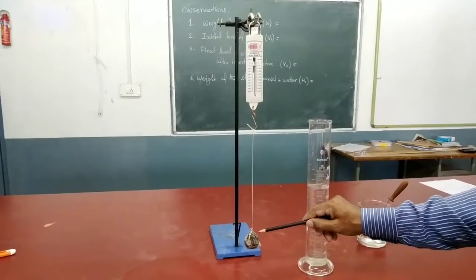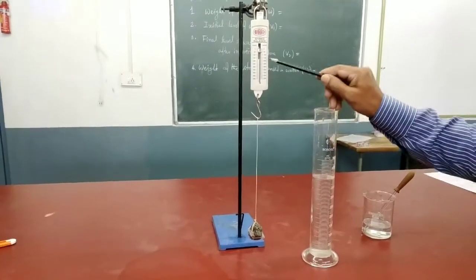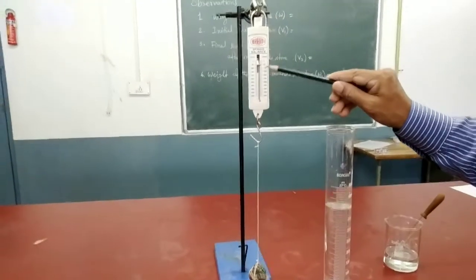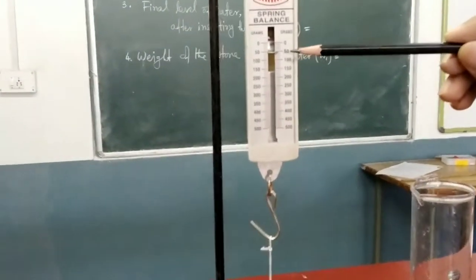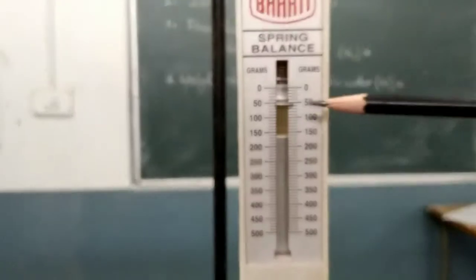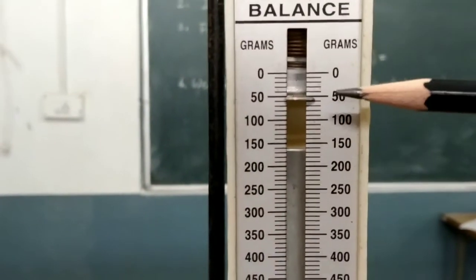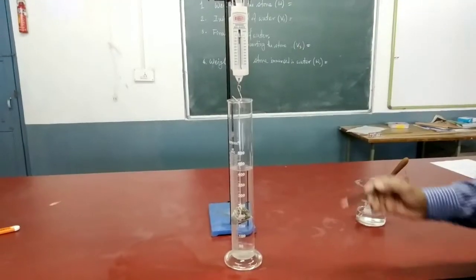Look at here. A piece of stone is kept from the hook of the spring balance. And now from the spring balance reading, we will be able to see the weight of the stone is here 55 GF. Okay?